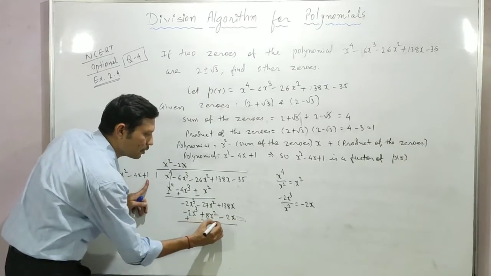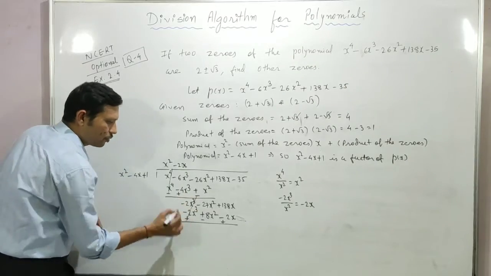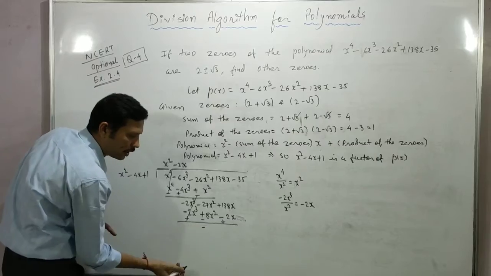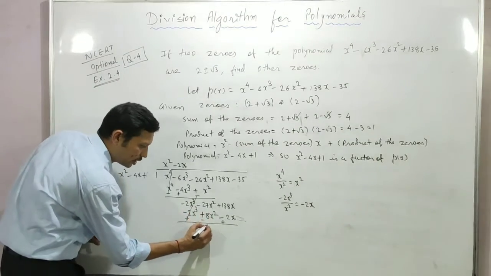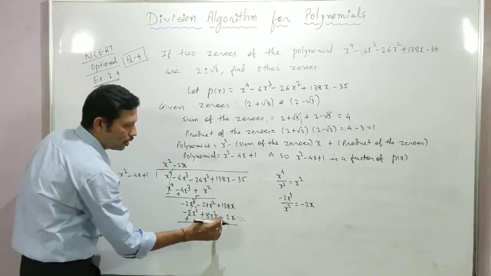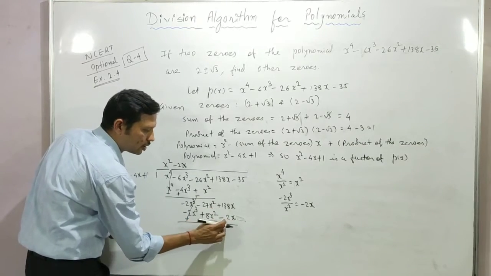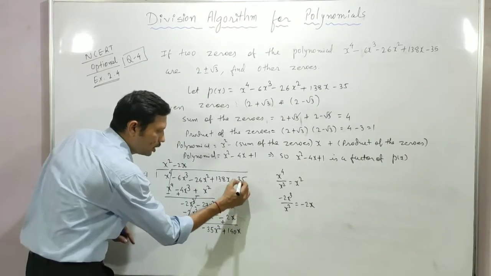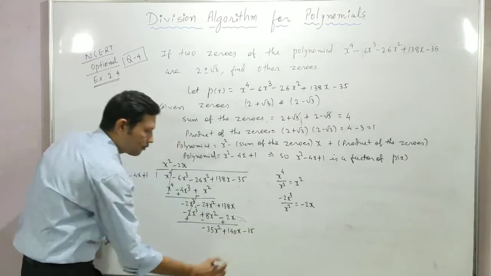Minus becomes plus, plus becomes minus, minus becomes plus. This one will be cancelled out. These terms have the same sign, minus, so the answer is negative, and addition: 27 plus 8, how much? 35x square. Now 138x is positive and 2x also positive to make the addition, plus 140x. Now carry one last term, minus 35.